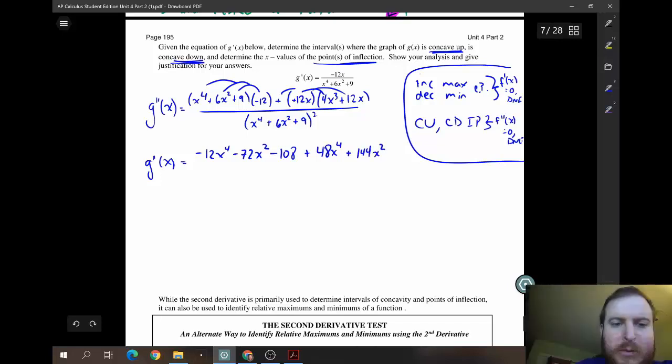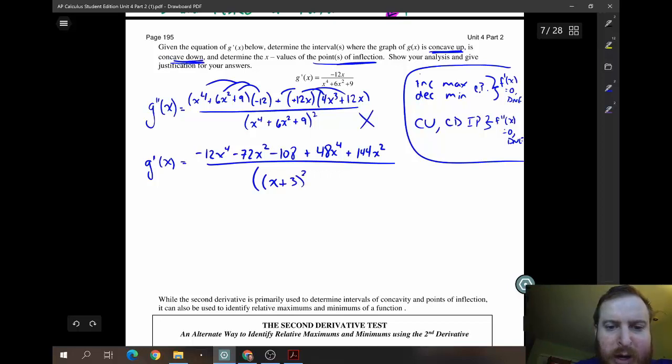Now in the denominator, I'm going to do something a little bit fancy, and I'm actually going to factor it. We'll factor the inside. You can do the x method or however you do it, but this ends up being x squared plus 3, times x squared plus 3, or x squared plus 3 squared. The reason it's x squared is because if we had x squared plus 6x plus 9, that would be x plus 3 and x plus 3.